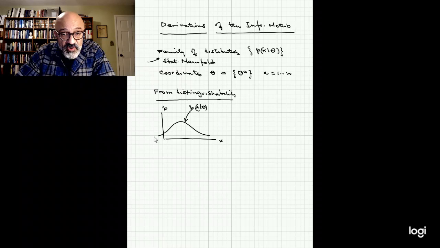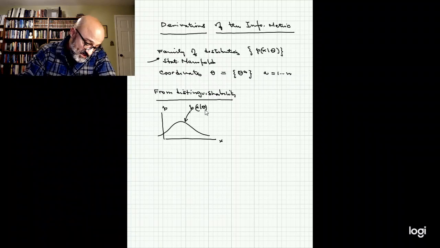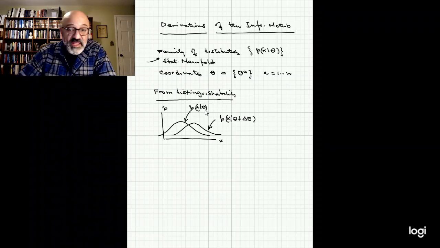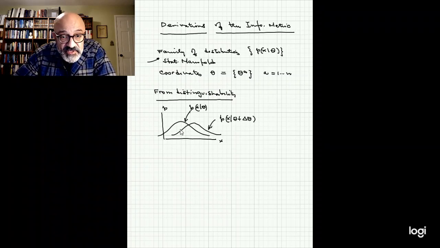So this whole probability distribution is labeled by theta. And this other probability distribution has a slightly different value of theta. Let's call this delta theta. So the question is, can we distinguish these two probability distributions?